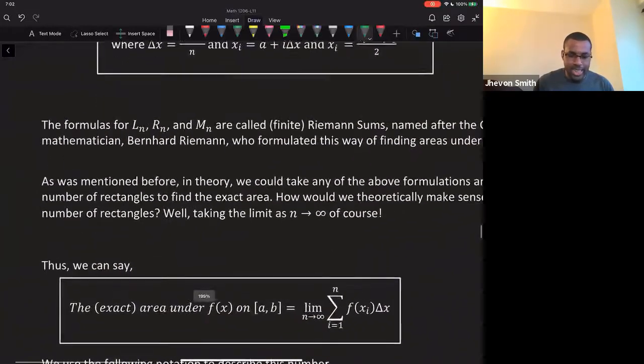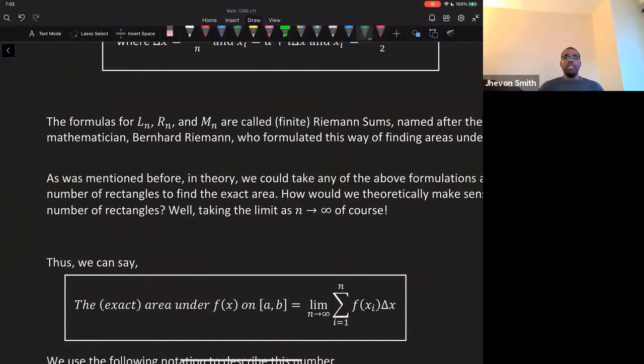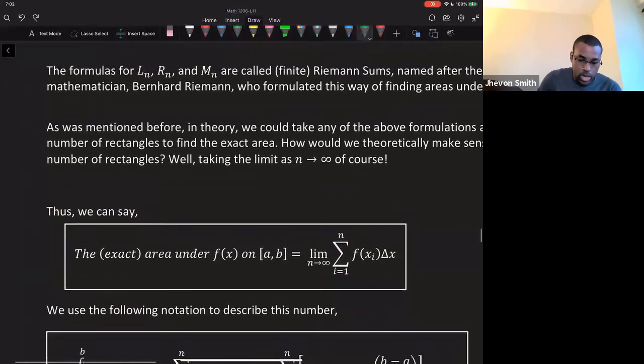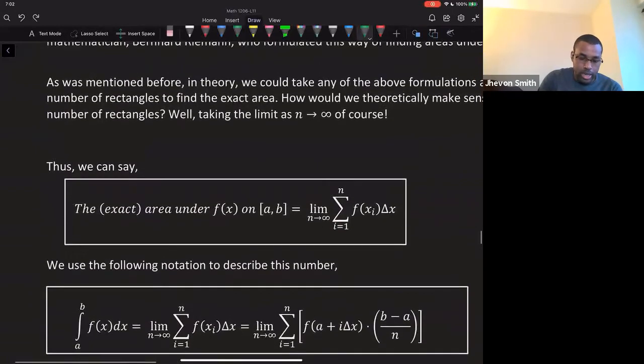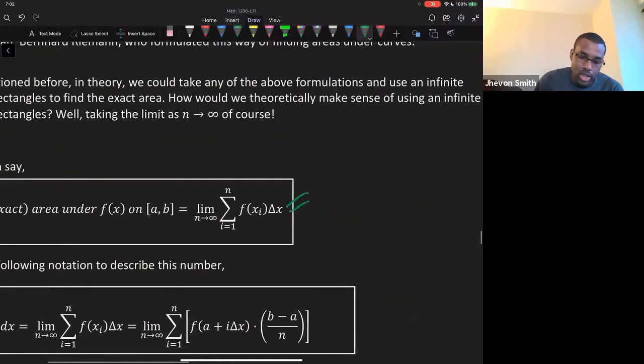Now, to find the exact area under the curve, all you need to do is use an infinite number of rectangles, where n counts the number of rectangles. So you find the limit as n goes to infinity of this expression, and that can get you the exact area. This is essentially, based on what we were doing yesterday, like having infinity up here.